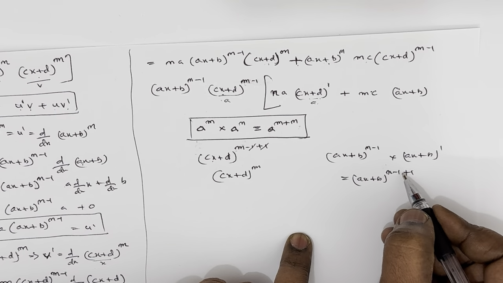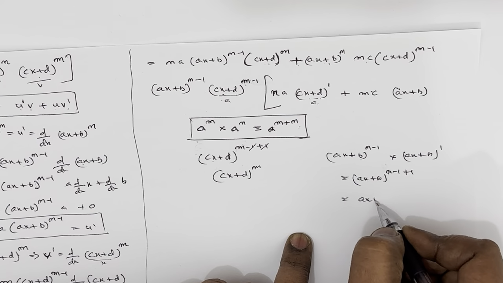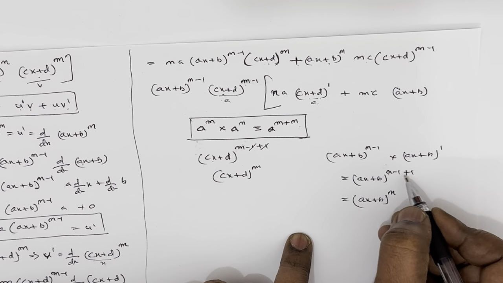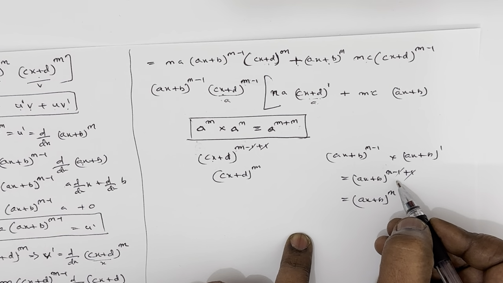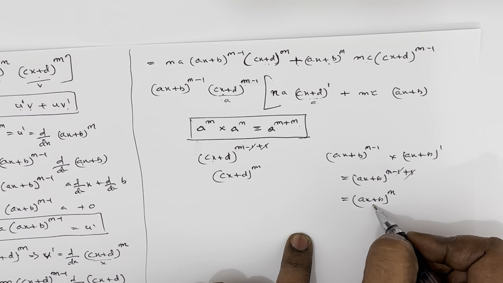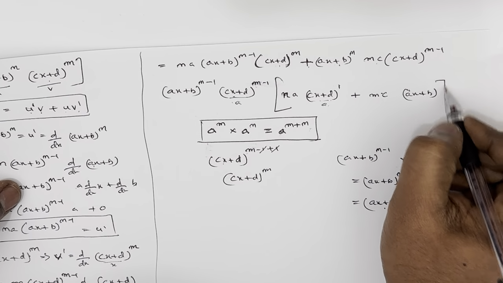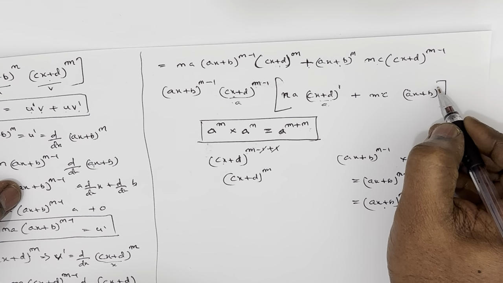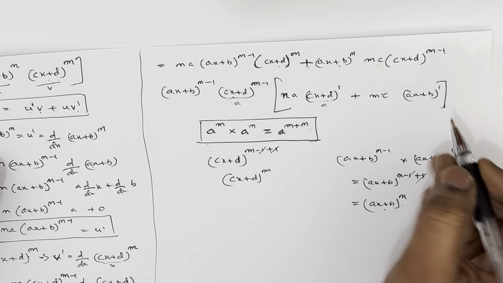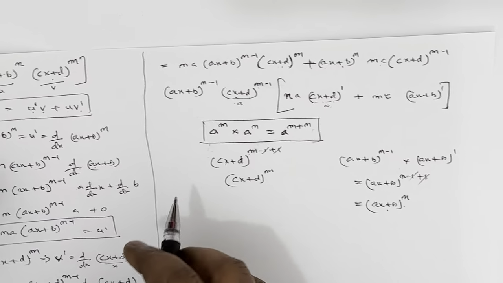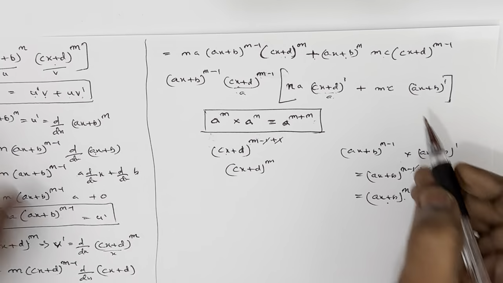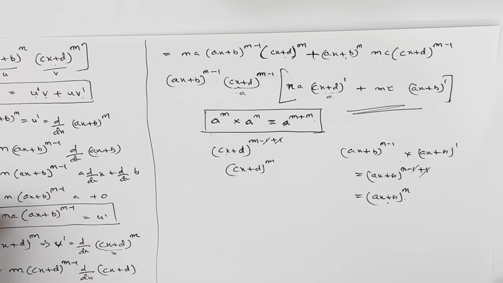So this will be (ax plus b) whole power n, because negative 1 and positive 1 cancel. You can assume its power to be 1; it's actually 1. So that's it. This is the answer.